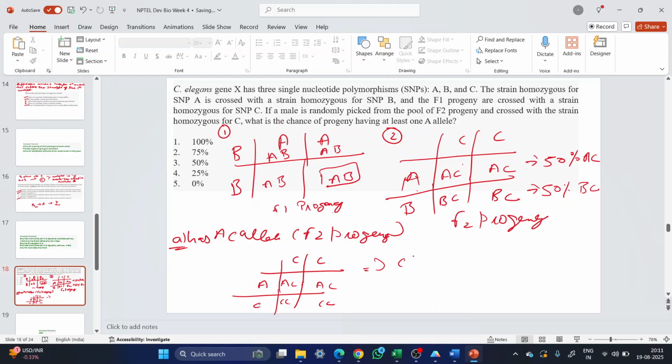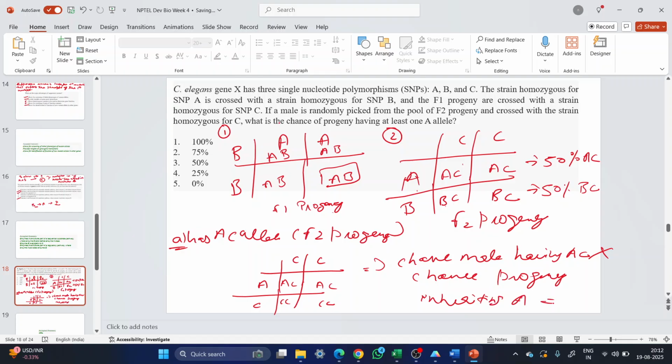It would be the chance of the male having AC times the chance of the progeny inheriting A. So the chance of the male having AC is 50%, which is 0.5, and the chance of the progeny inheriting A is also 50%, which is 0.5.